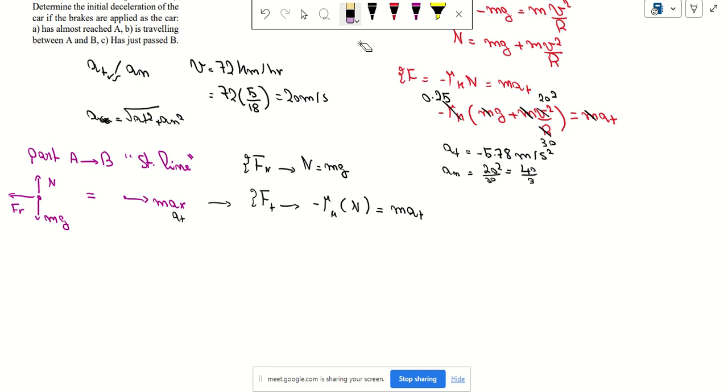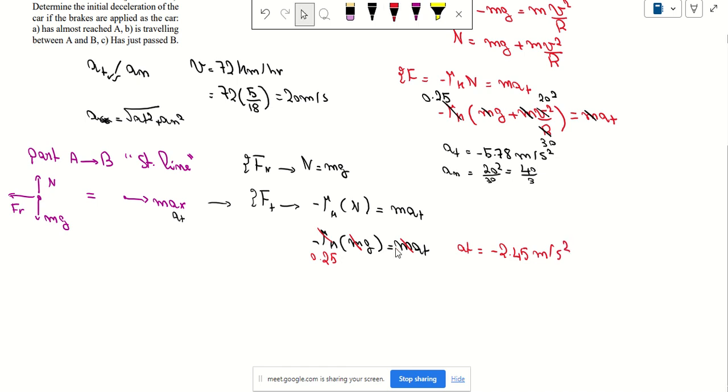So minus mu_k times mg is equal to m a_t. Substituting, mu_k is 0.25, and you cancel the m with the m, so a_t will be equal to negative 2.45 meters per second squared.